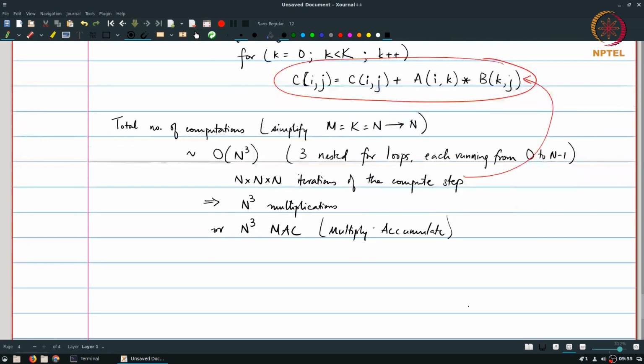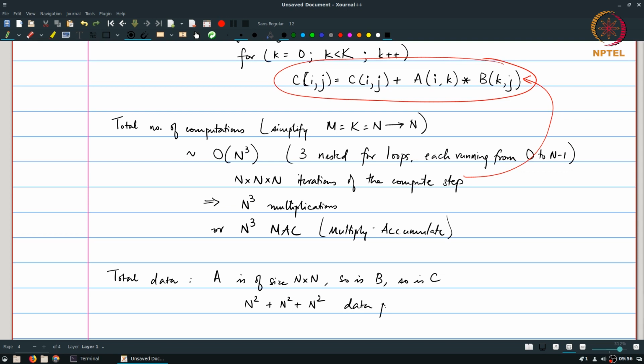Now, what is the total amount of data involved? A is of size n cross n, so is B, and so is the result C. So what we have is basically n squared plus n squared plus n squared data points, or values, which basically means order of n squared total data.